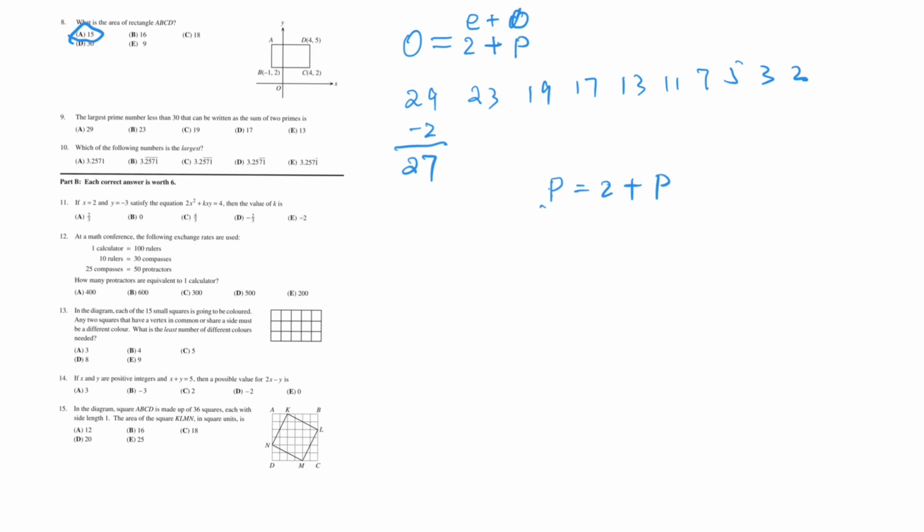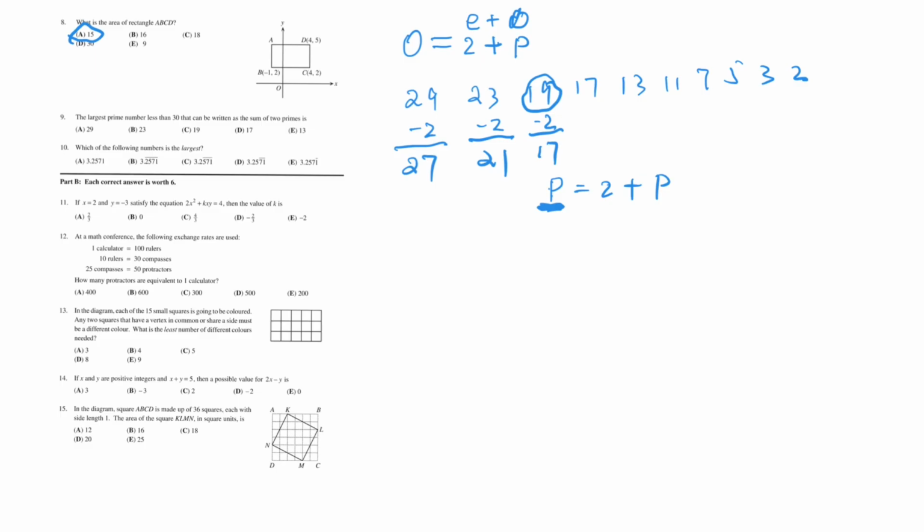So we try to find the larger prime number. So 23 minus 2, that's 21, not prime. 19 minus 2 is 17. That's prime. So the larger prime number should be 19.